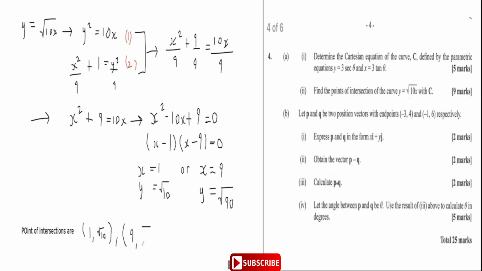Nice and easy. I didn't want to write it in decimal, so I left it in exact form.